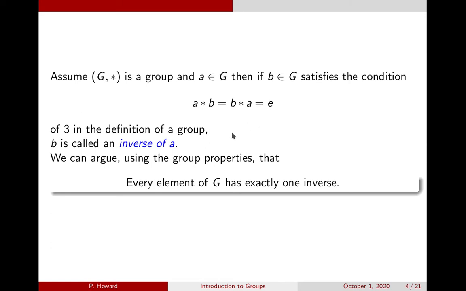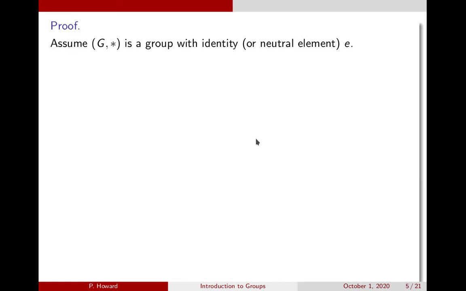So item 3 in the definition says every element has to have at least one inverse. So what we would have to prove is that an element cannot have more than one inverse. So let's assume (G, star) is a group with identity or neutral element E. And let's assume we have an element little a in capital G which has inverses B1 and B2.